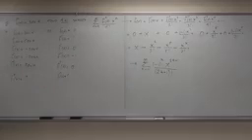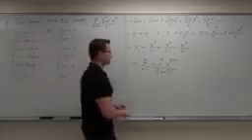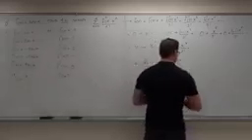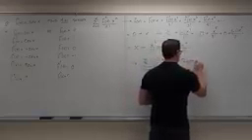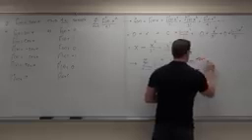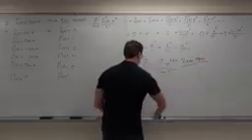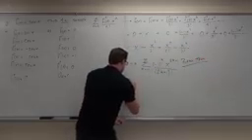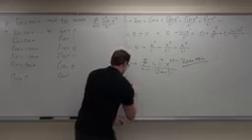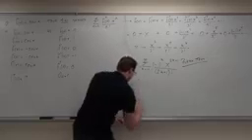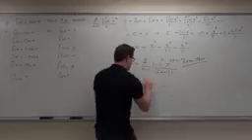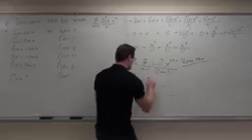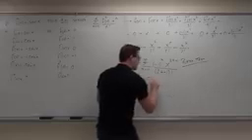This one should be quite easy for us. The simplification is going to be a little bit crazy, but not too hard. Negative 1 to the k plus 1 times x to the, you know what?